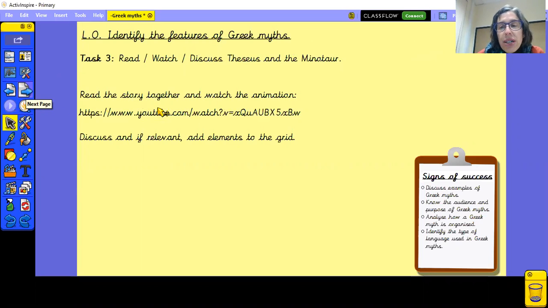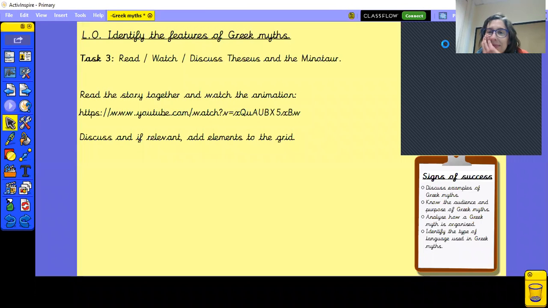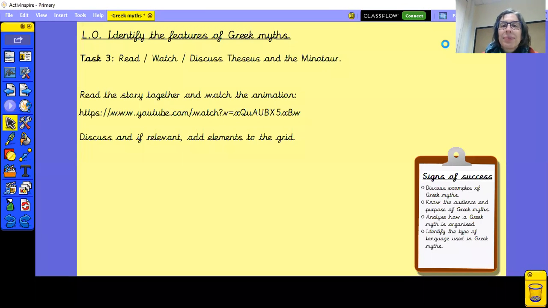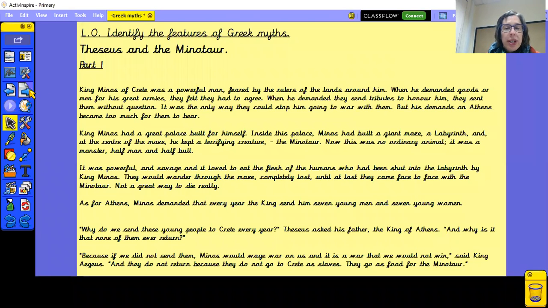I want you to read it carefully, looking at the settings, looking at the characters, and looking obviously at what's happening in the story. Once you've read the story, I would like you to go on this website here, and you've got the link, and to watch the animation to fully understand the story. So I'm going to put the next slide so you take your time to read the story.